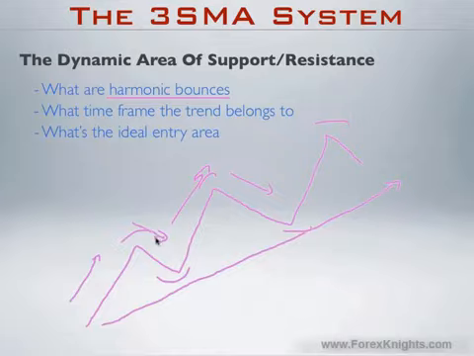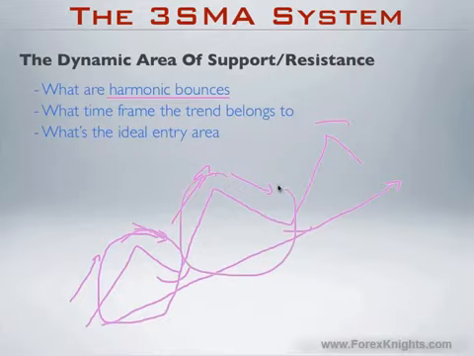Well, we are going to be analyzing those individual swings, searching for a harmonic pattern. The more harmonic they get, the better for us as traders, because the easier it's going to be for us to pinpoint the bounce area, the bounce point, and therefore the easier is going to be for us to pinpoint our entry point. Obviously, our goal here with the 3 SMA system is to profit from each consequent swing.